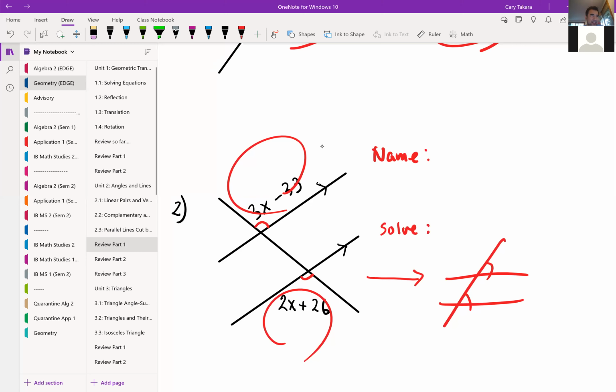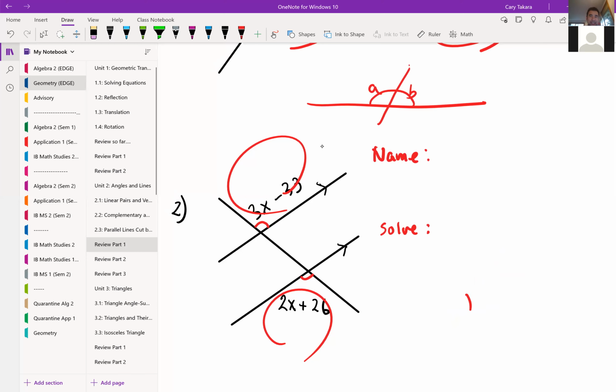If you think it's a linear pair, very good. A linear pair is a straight line; they're right next to each other. So this cannot be a linear pair because they are far apart.